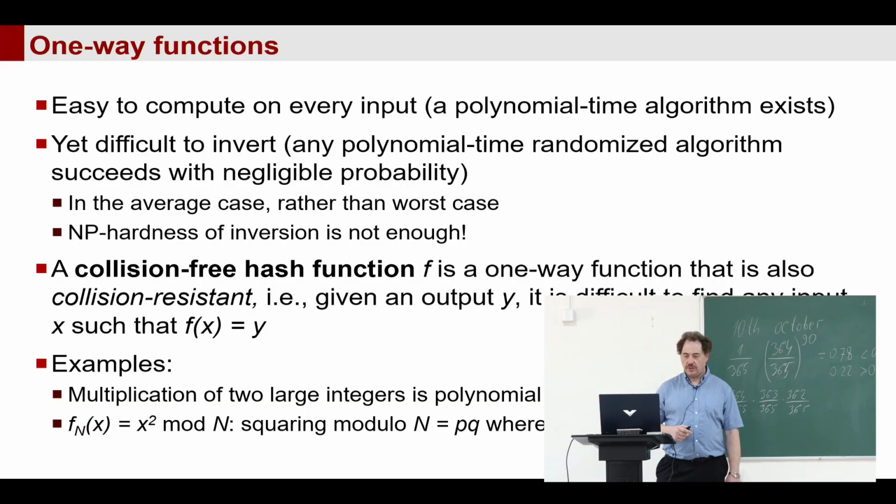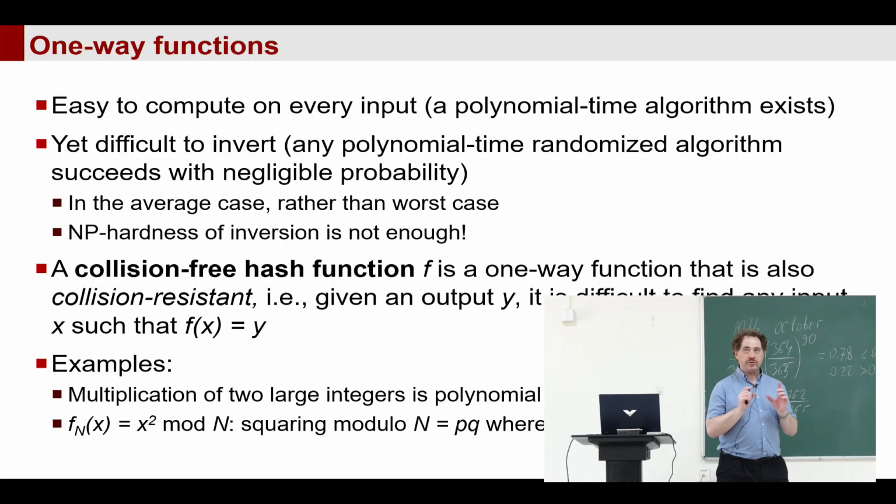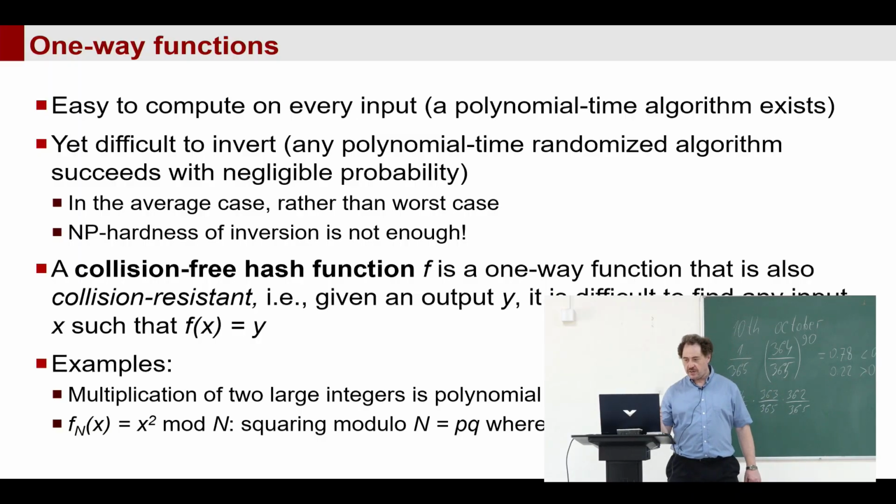First example, multiplication of two large numbers. Given two large numbers, it's easy to calculate their product. By easy, I mean it's polynomial in the number of bits representing each of these two numbers.